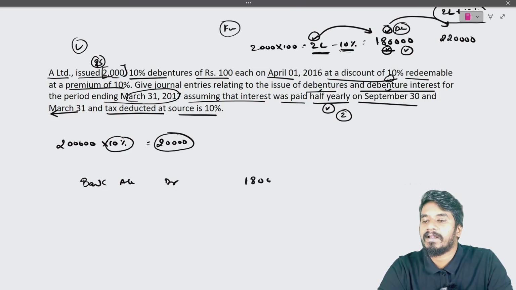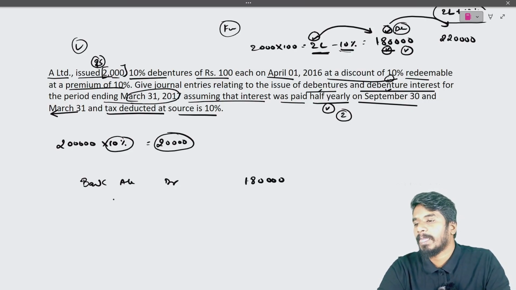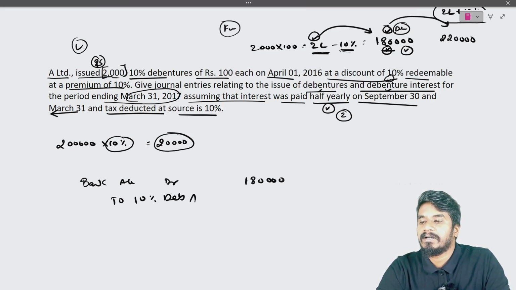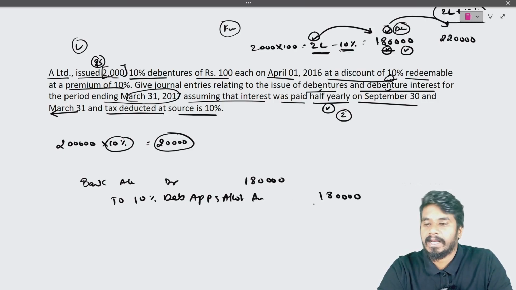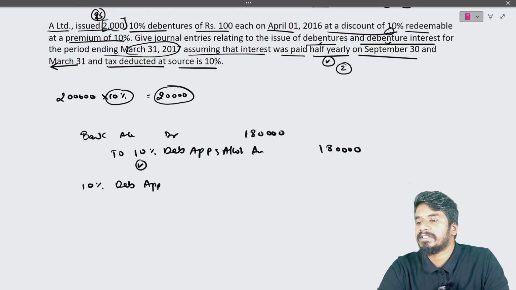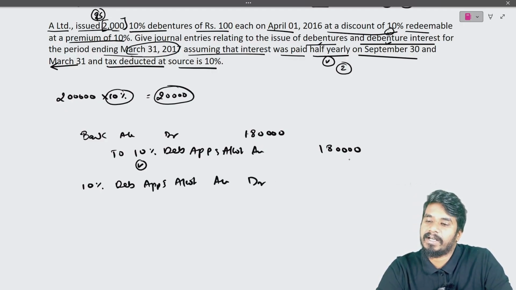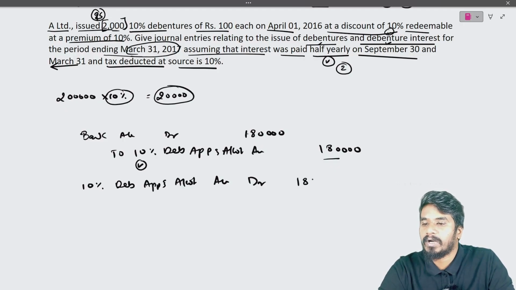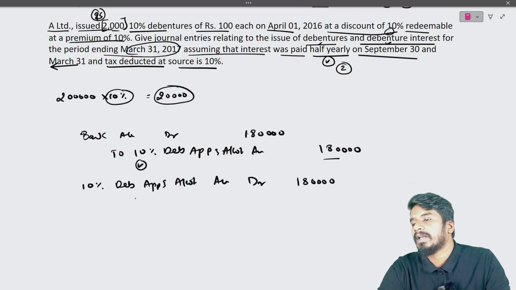To 10% debenture application and allotment account, which is also for 1 lakh 80,000. Then we will reverse this. 10% debenture application and allotment account will get debited for the same amount, 1 lakh 80,000 rupees, right?